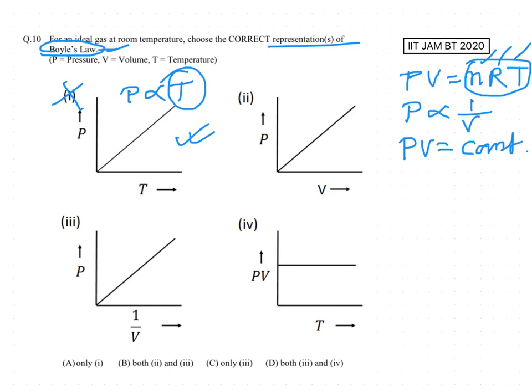Next is the second graph, that is the PV graph, where P and V are plotted along the y and x axis.